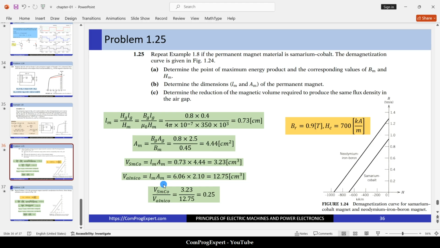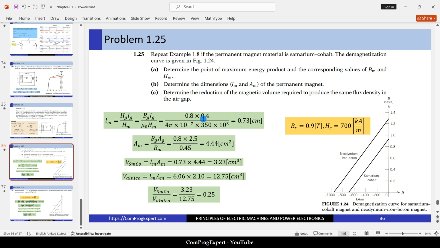So we will discuss this in more detail in the next chapters when we discuss special motor types. But this is the point of this problem. As long as we use a stronger magnet, we can reduce the volume of the magnet needed to build up a desired value of the flux density in air gap.